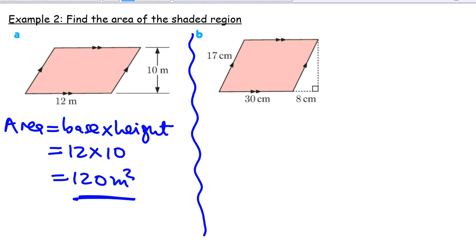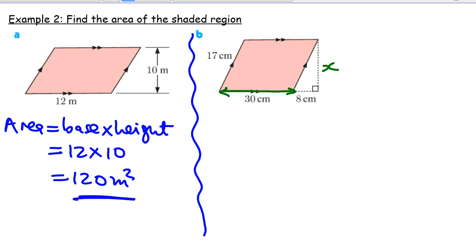Here, area is equal to base times height. But if you look at this, the base is 30, right? From here to here, it's 30. But we don't know what the height is. So let the height be equal to x.